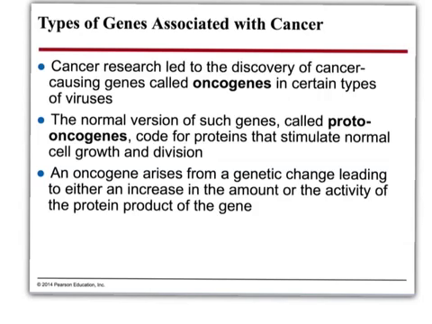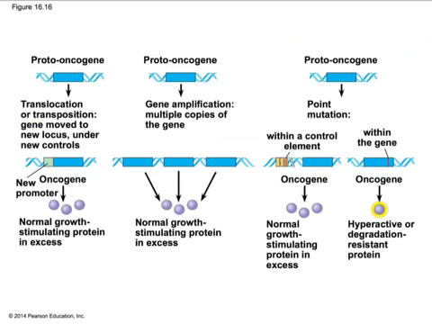If I have too much of it, it's going to drive the cell to grow faster, right? Yes or no? Yes. Now what if I increase its activity? It's going to drive the cell to grow faster. Faster growth is not good.